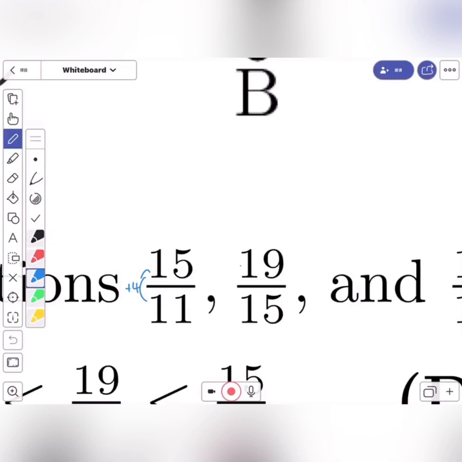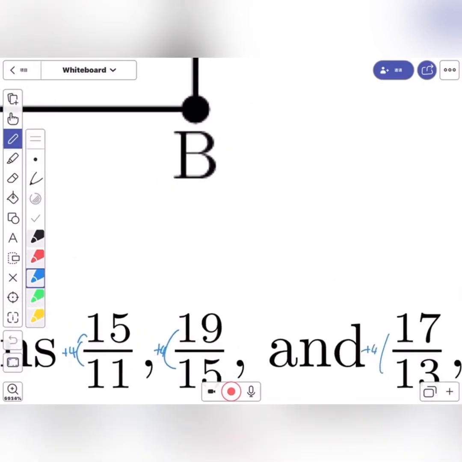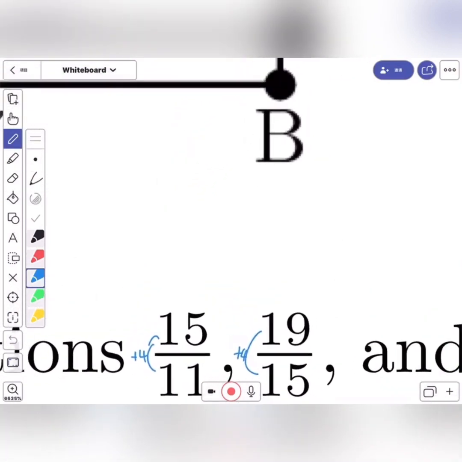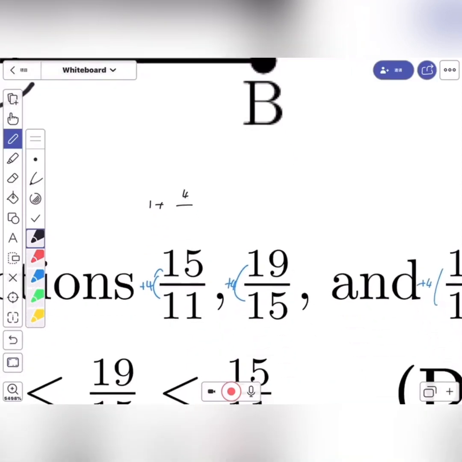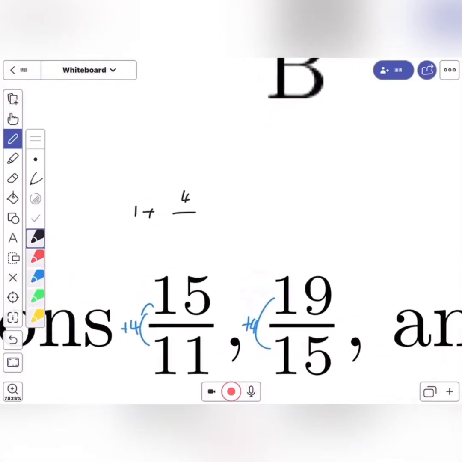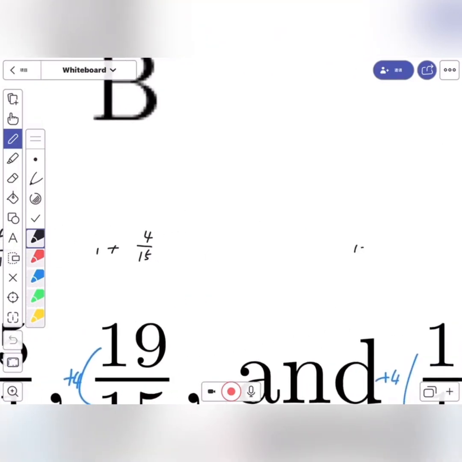Add 4, and add 4. So basically, we can just rewrite these as 1 plus 4 over something. And the something would just be clearly the denominator. 1 plus 4 over 11, 1 plus 4 over 15, and 1 plus 4 over 13.